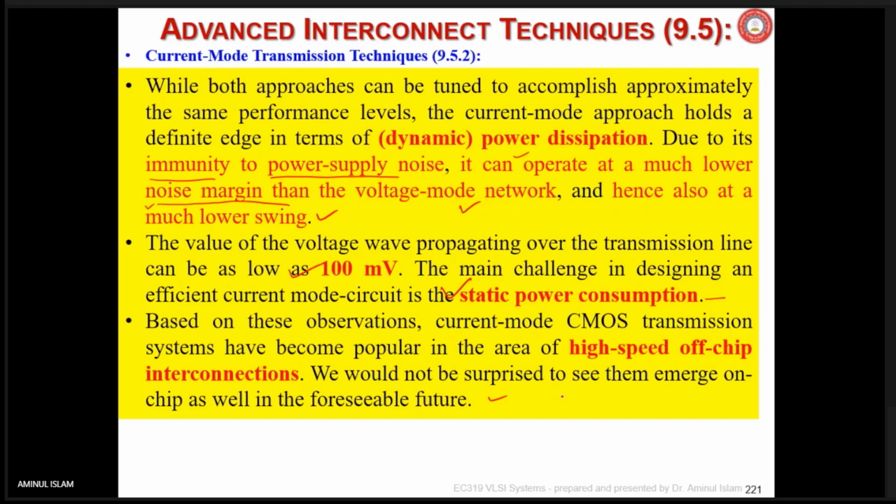We would not be surprised to see them emerge on chip as well in the foreseeable future. In future, maybe inside the chip also, not only outside or off-chip interconnect.